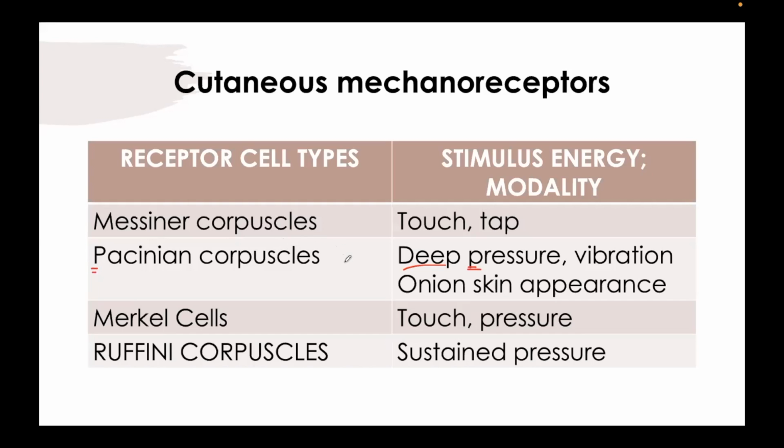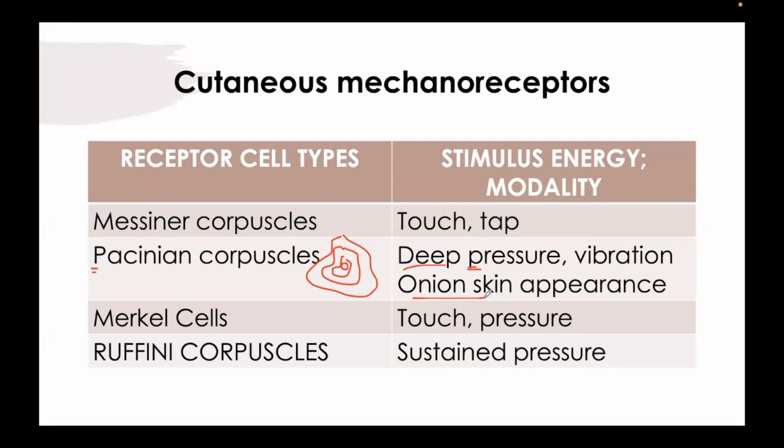And very unique is because this mechanoreceptor has the famous onion skin appearance. So what I want you to remember is Pacinian looks like an onion.